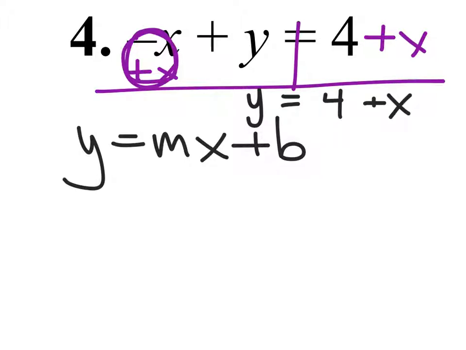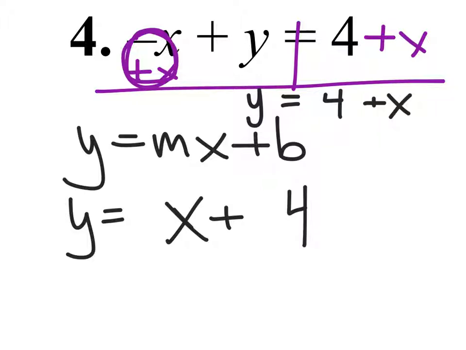For some of you, that's good enough to see what the slope and y-intercept is. For the rest of you, you still wanted this form, right? So we can use the commutative property to change this to y equals x, and now I'm going to add the 4. See how I just changed the position on those? Commutative property.